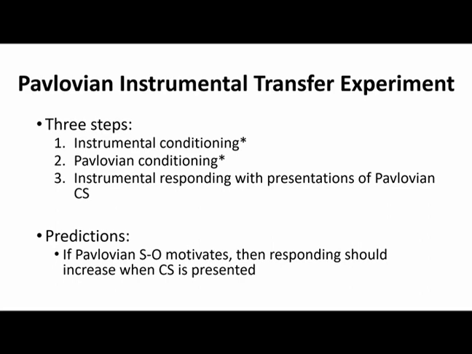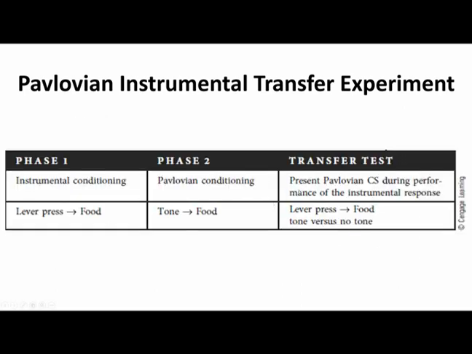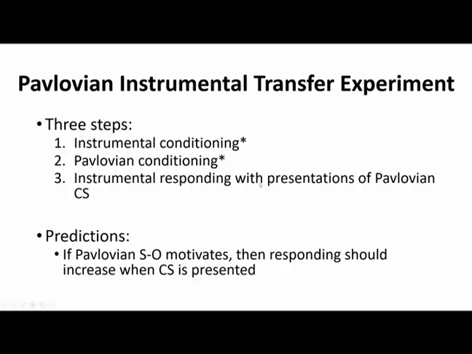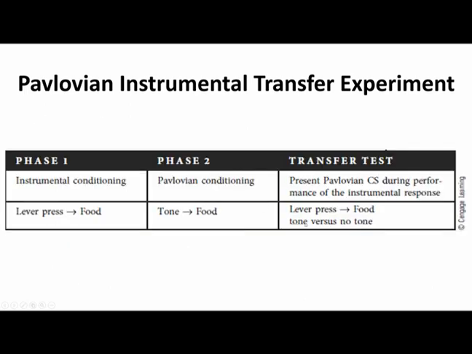And once we've set this all up, we can have our third step, which is our transfer test. And so we'll have the option to do instrumental responding. So the rat has the option of pressing the lever to get food, but we're also going to include presentations of our Pavlovian CS. We're also going to present our tone periodically throughout the time that the rat is in the box.